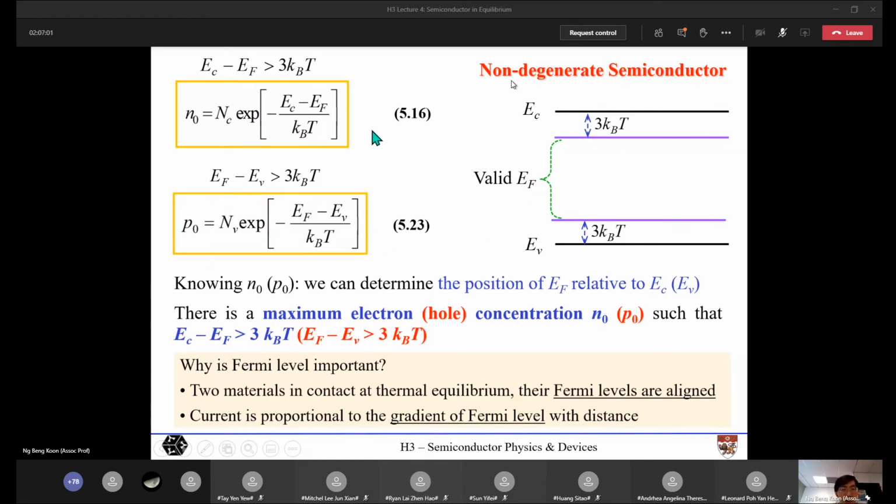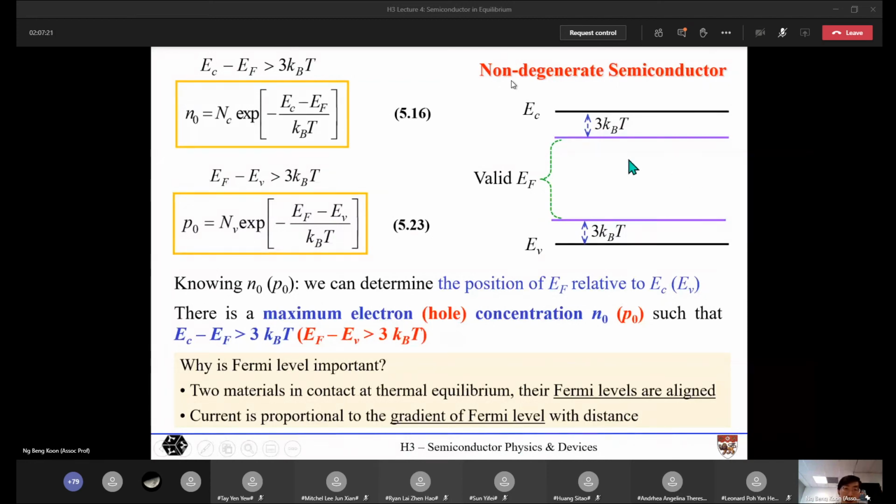And recall that this is derived on the assumption that the Fermi level is not too close to the conduction band edge and not too close to the valence band edge. A semiconductor material that satisfies this condition is known as a non-degenerate semiconductor.